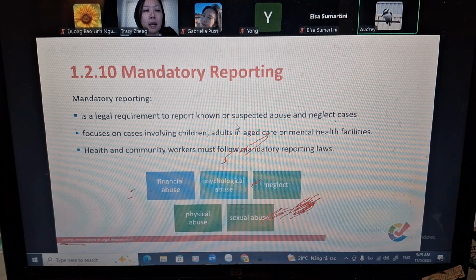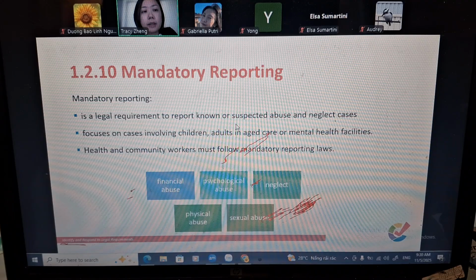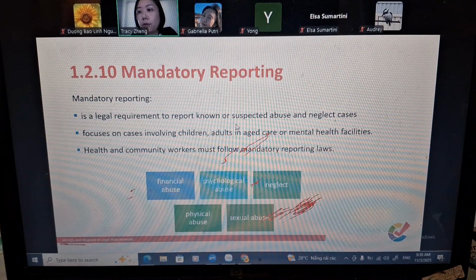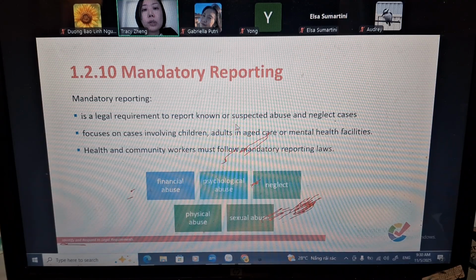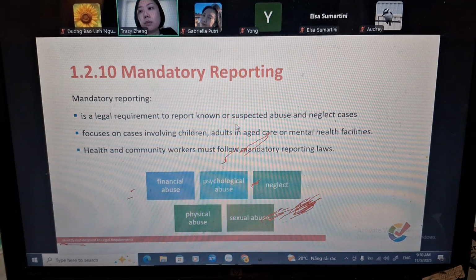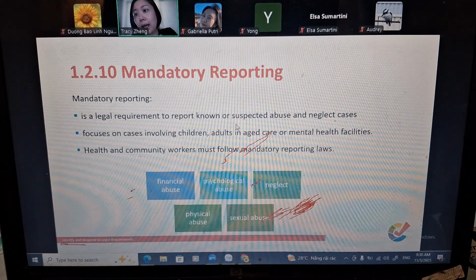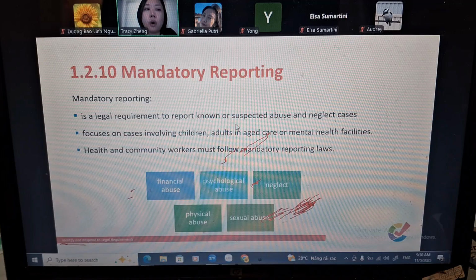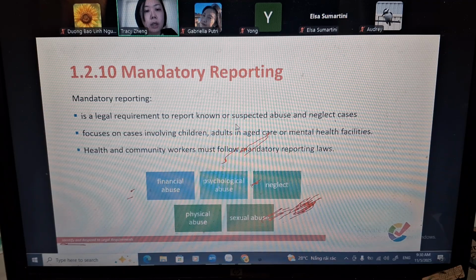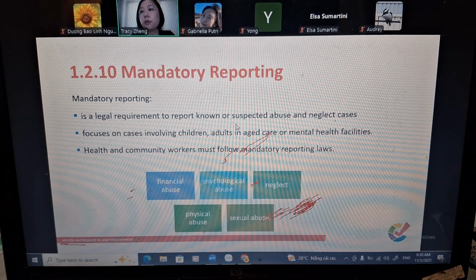Oh, okay. So as we say, that is a legal requirement for all of us. If you witness or you suspect any forms or any types of abuse and neglect cases, you have no options. You must report. That is the law. Okay. So when we talk about different types of abuse, here are listed on the bottom of these slides.